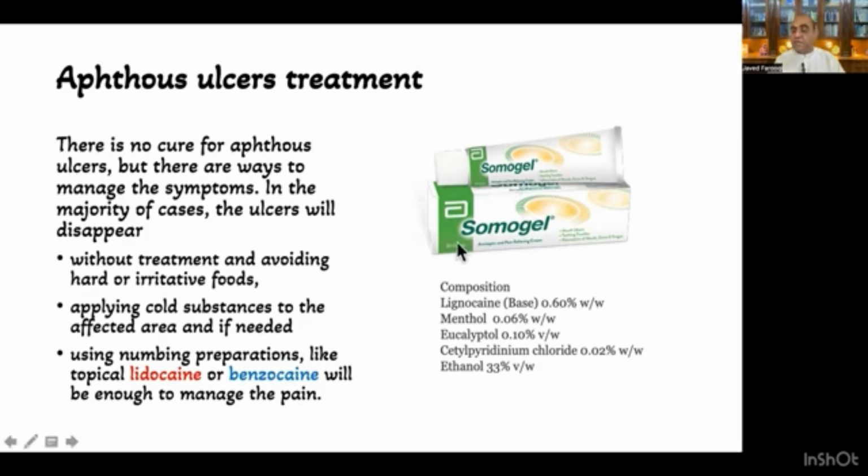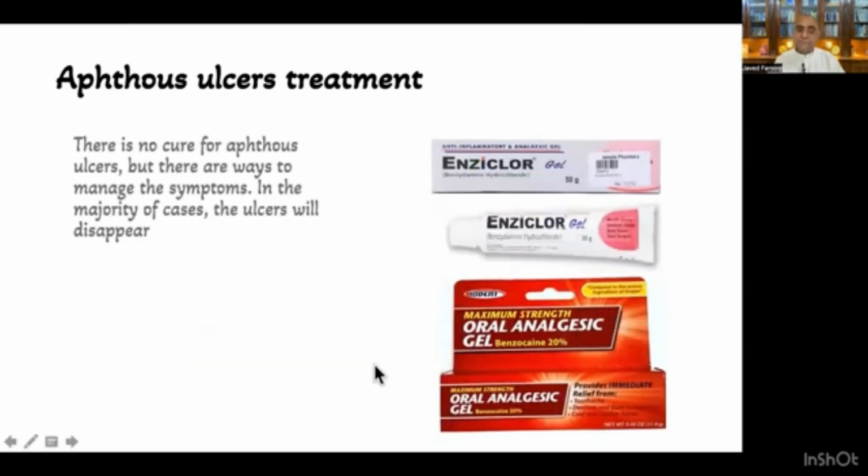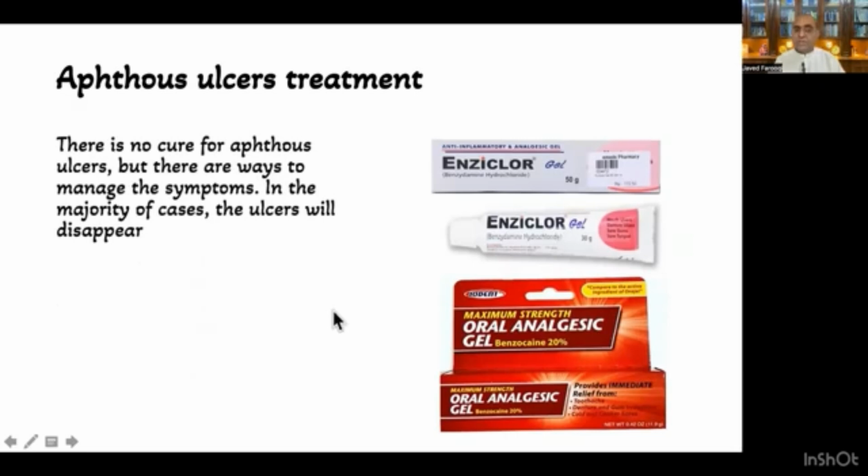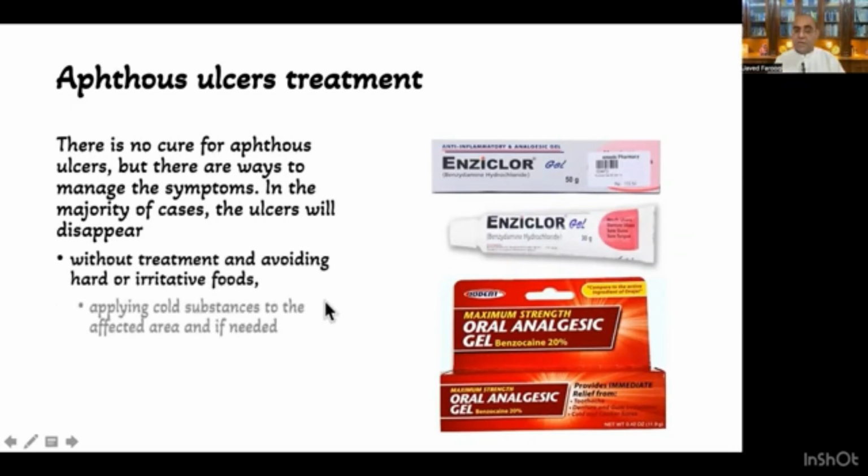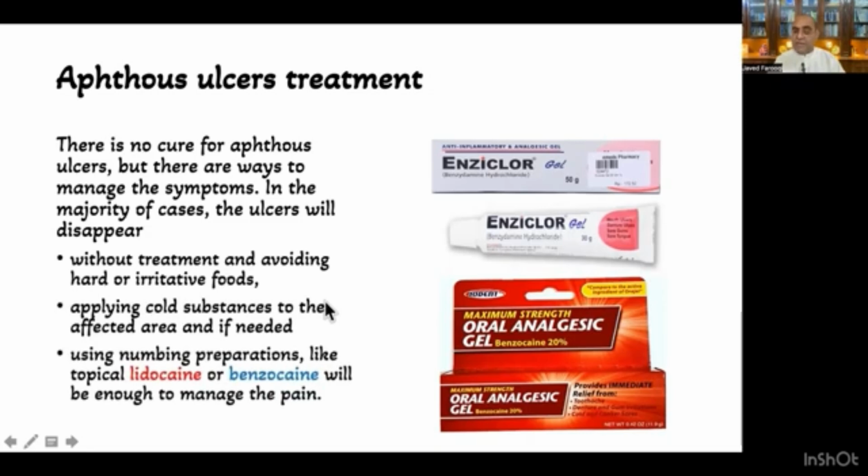So these are the commonly used medications which contain lignocaine, menthol, and others to soothe the Aphthous ulcers. There is no cure for Aphthous ulcers, but these are the different drugs which can be used.